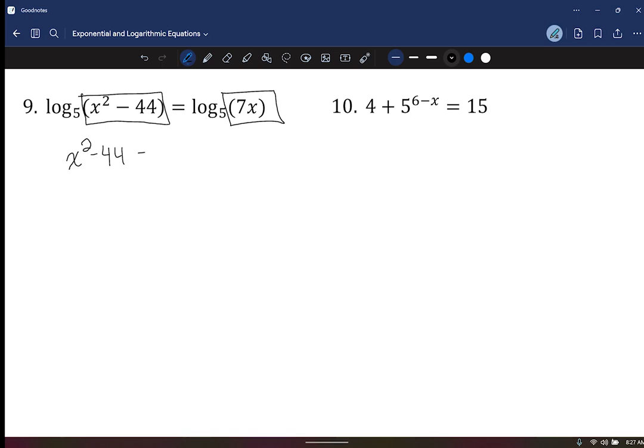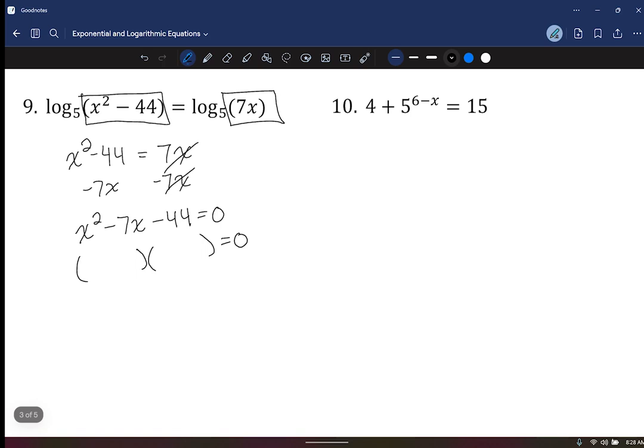So x squared minus 44 equals 7x. I see I have an x squared and an x and a number without an x, so a constant. So I'm going to move the 7x over because that tells me I'm going to have to probably factor. So x squared minus 7x minus 44 equals 0. And then we're going to factor this.